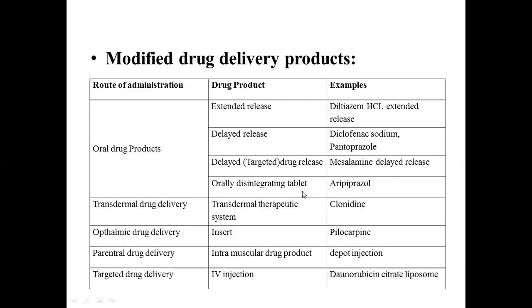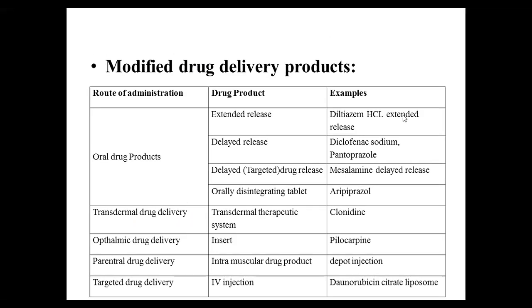Here in this table we can see modified drug delivery products. There are different routes of administration where the modified drug release products are formulated. These are the examples in oral drug products: extended release, delayed release, delayed or targeted drug release, orally disintegrating tablet.